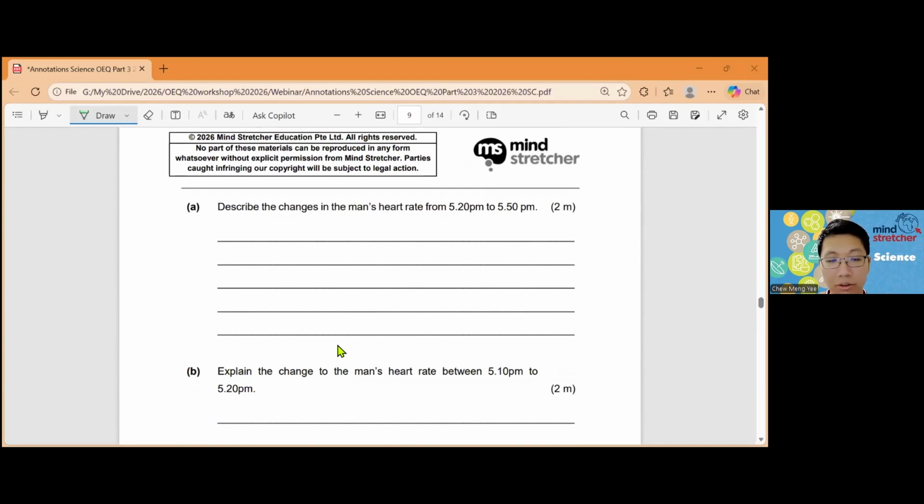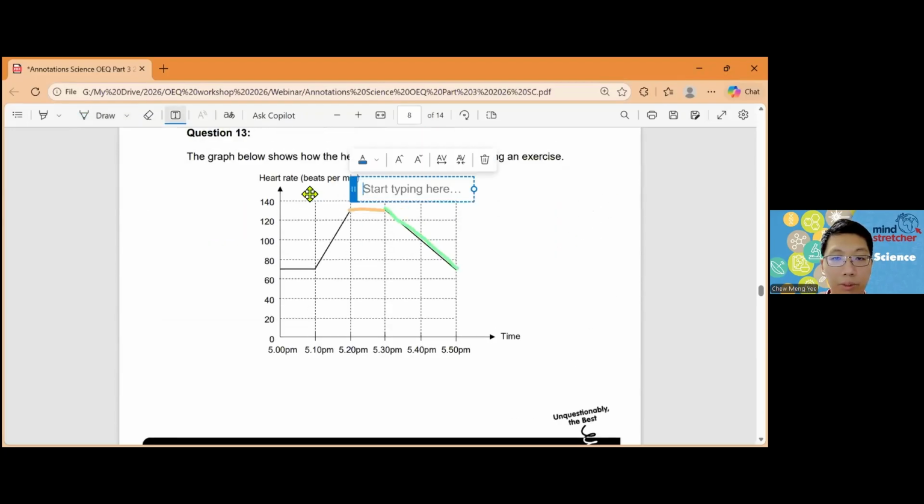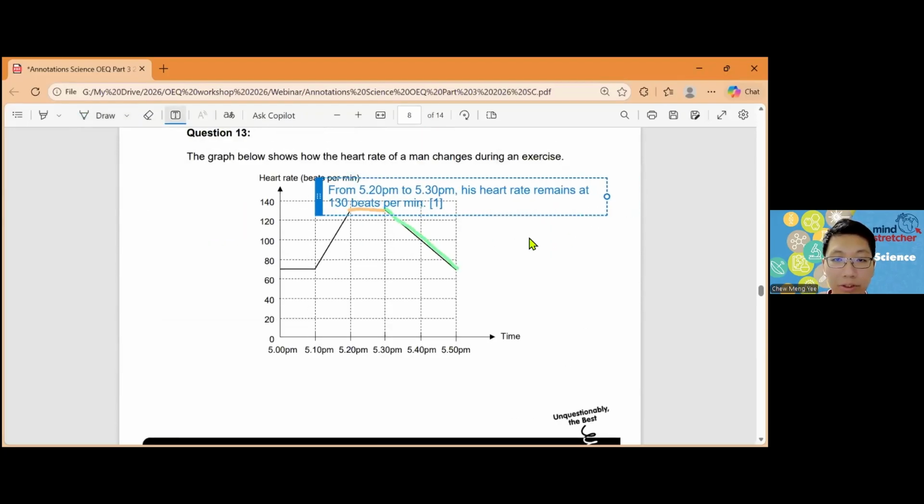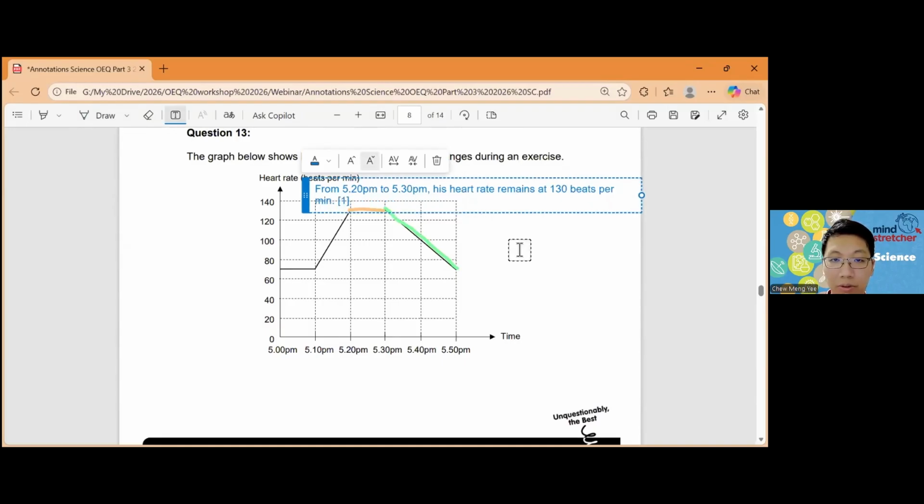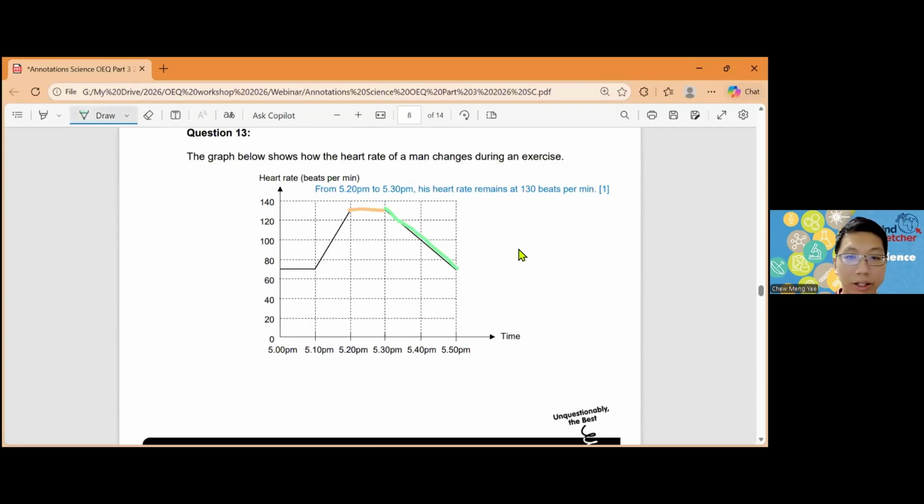Okay, so your answer should look like this. I put it here first just so that I can refer to this clearly. So 5:20 to 5:30, heart rate remains at 130. Now, you can see that this line is somewhere in between 120 to 140.